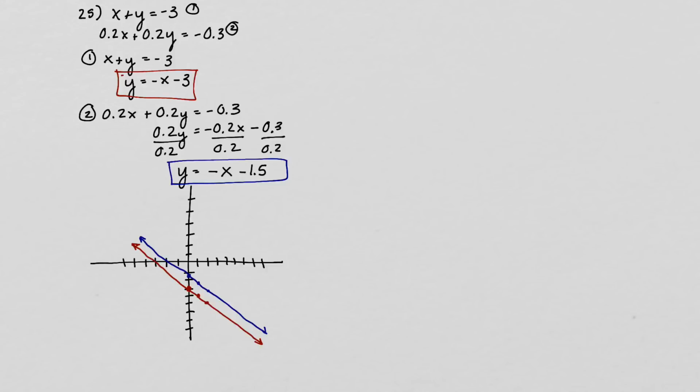And my lines are a little wiggly, but if you look at them, these two lines are actually parallel, and they have the same slope, right? Negative 1, negative 1. And so parallel lines never cross, which means that there's no solution.